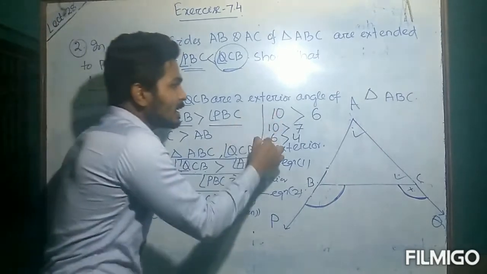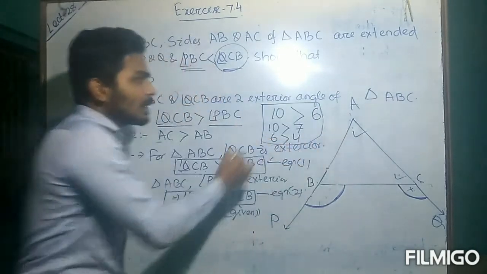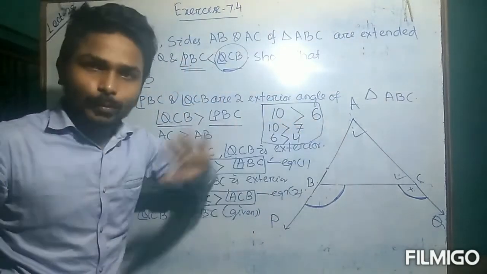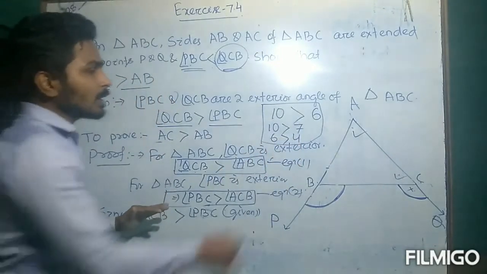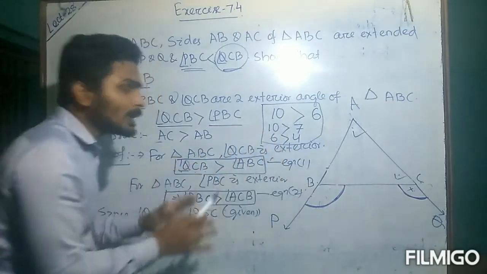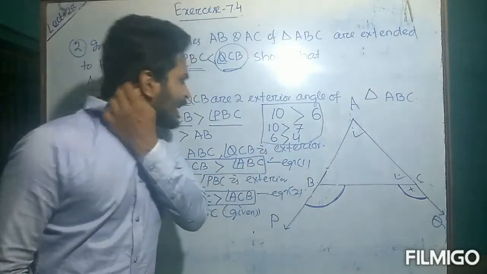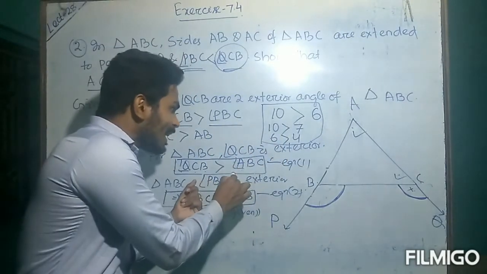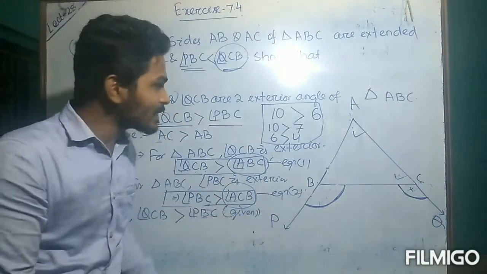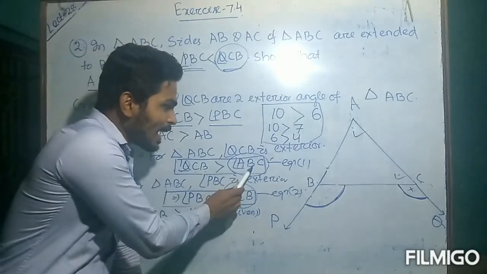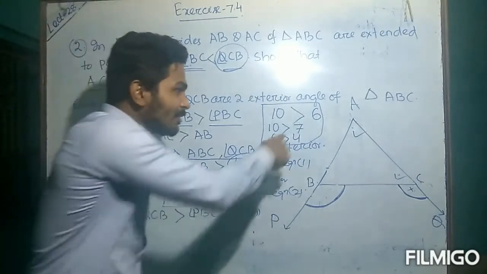Do you understand these three terms? 10 is greater than 6, we know. From equation 1, 10 is greater than 7. From equation 2, 6 is greater than 4. Then can we write this one is greater than this one? Tell me. This part is greater than this part. Can we write this? Definitely we can write this.